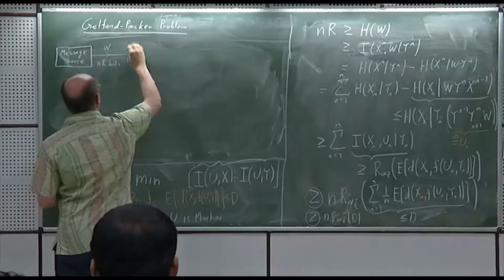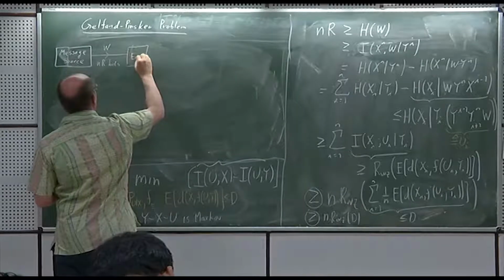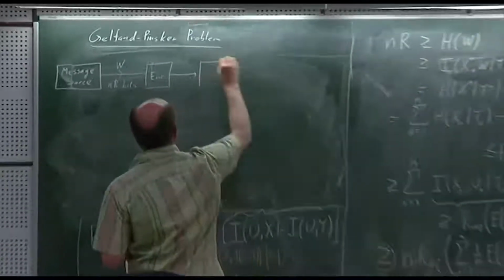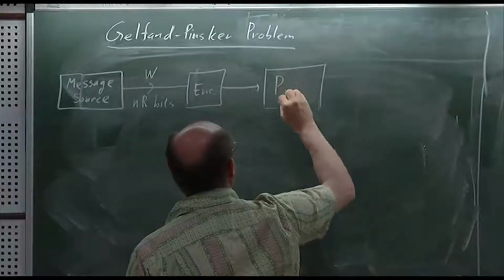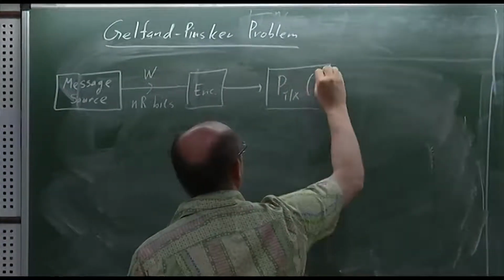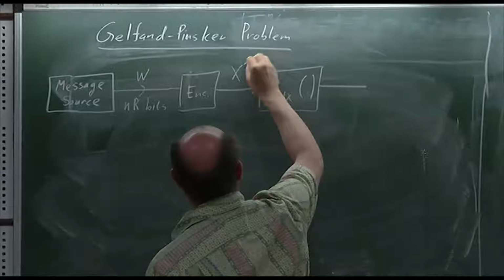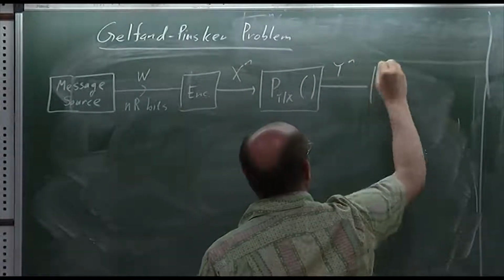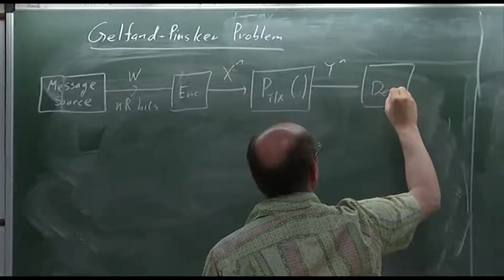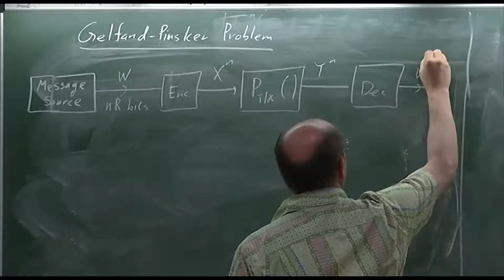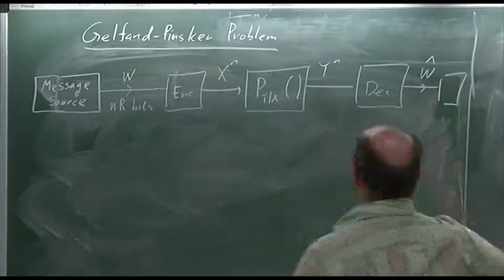We have an encoder, and we have a channel, P(y|x). We have a decoder, and we have the sink. And the goal is to make the error probability small.